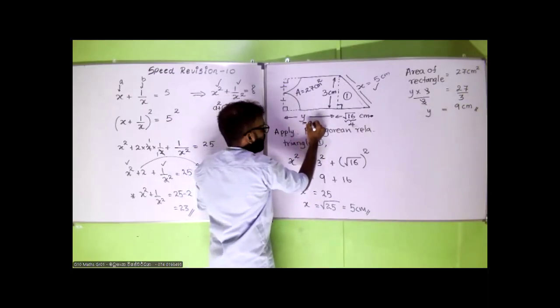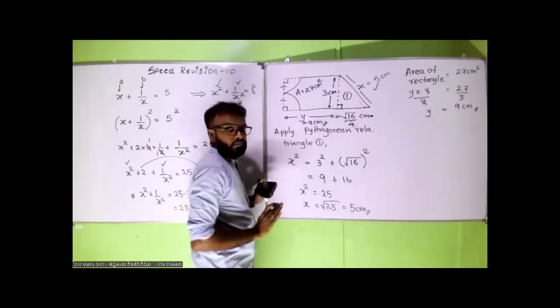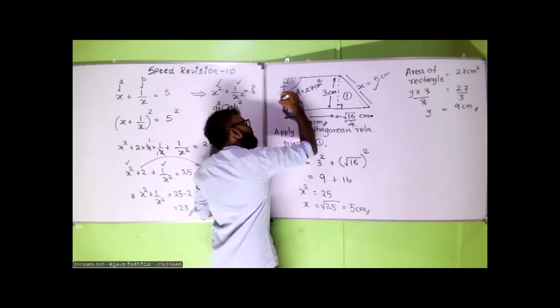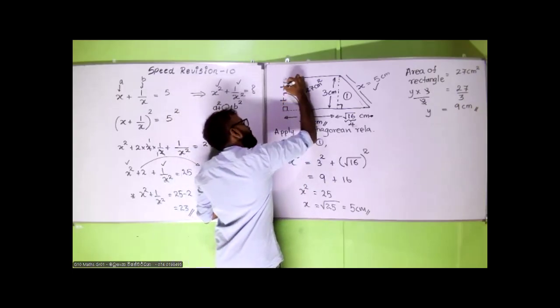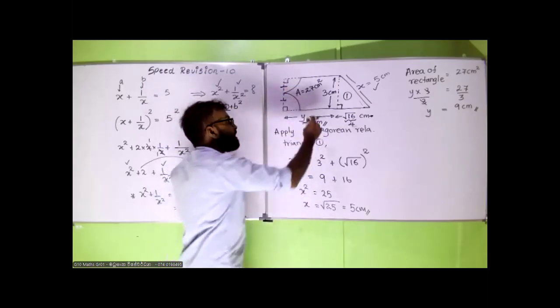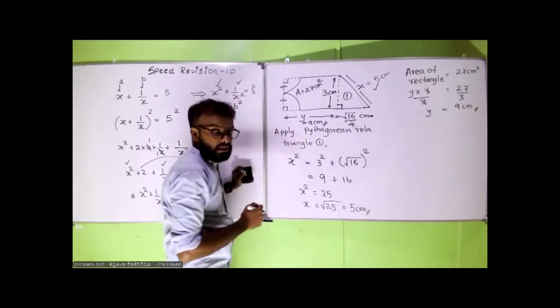You know that length, 9 centimeters. So that is okay. That is also okay. And I have marked this length equals this length. And this total length will be 3 centimeters.